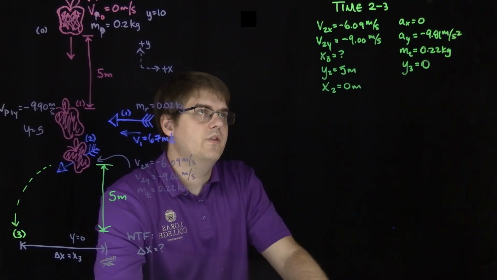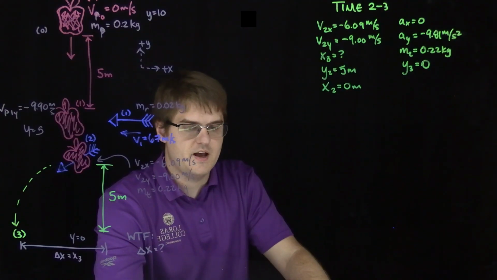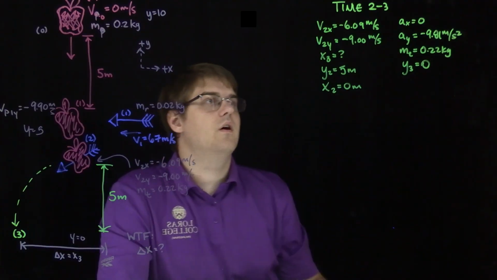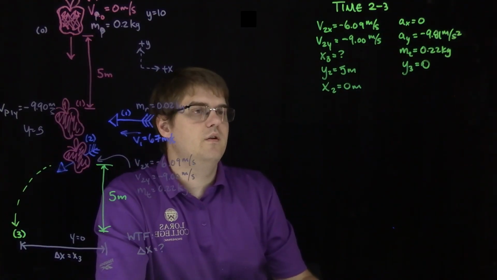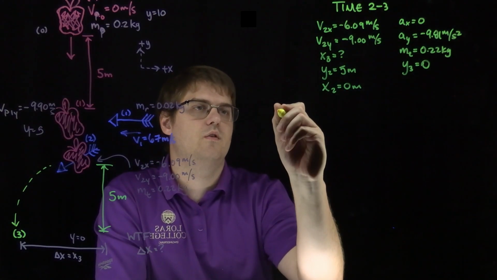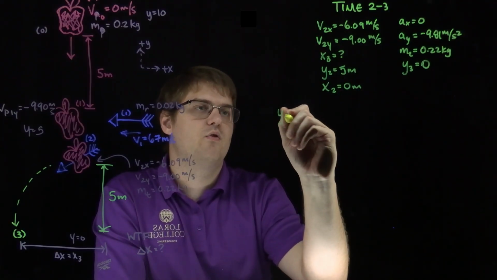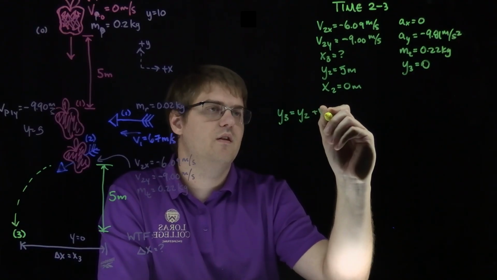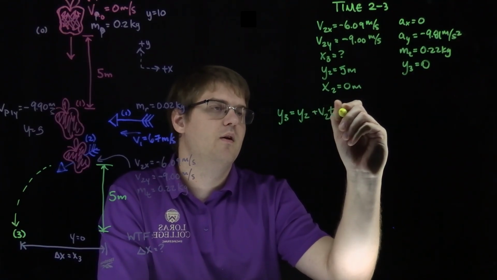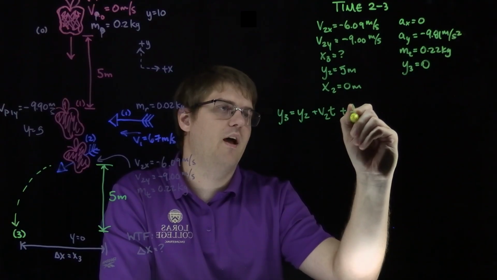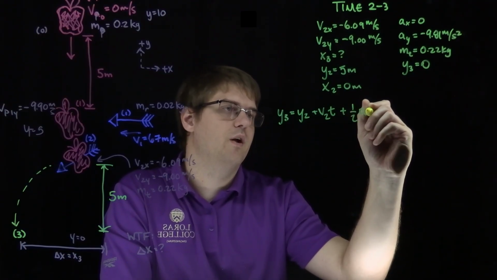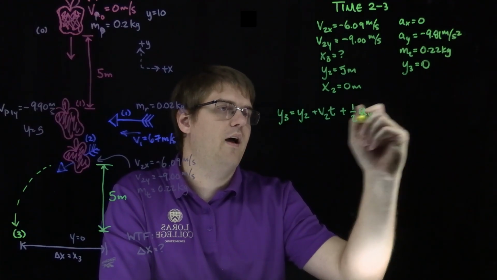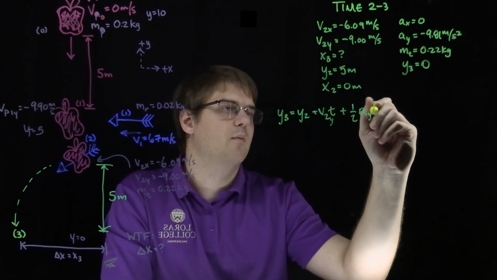So with this, if I want to solve for time, the obvious one is going to be my y3 is going to be equal to y2 plus velocity 2 times time plus 1/2 acceleration in the y, so this is velocity 2 in the y, times time squared.